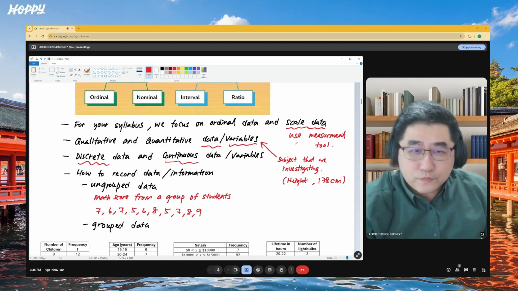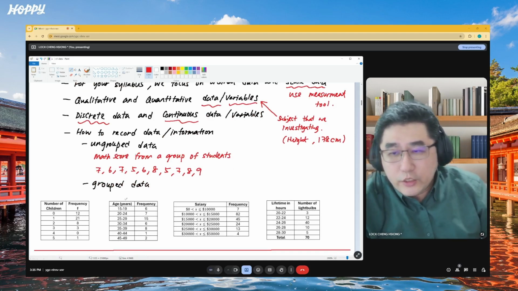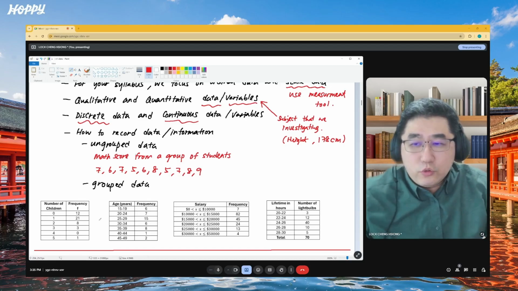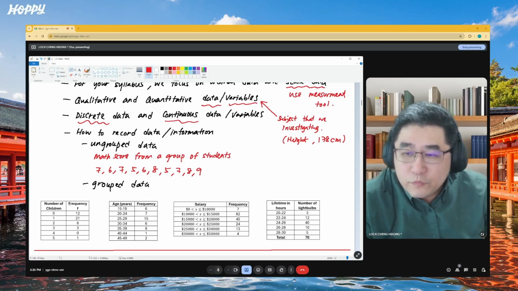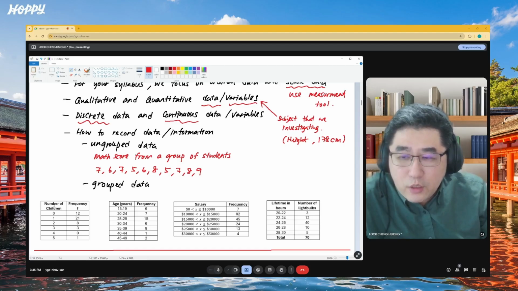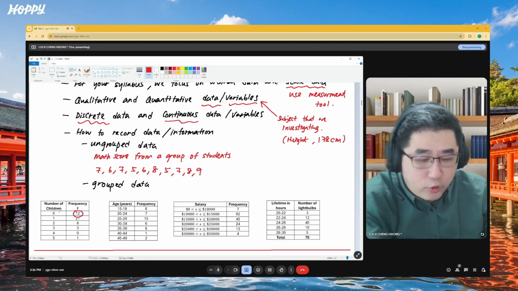Okay, or it can be written in the grouped data form. Over here, there are 4 examples of grouped data. Maybe the first one, number of families with such number of children. There are 12 families with no kids at home.